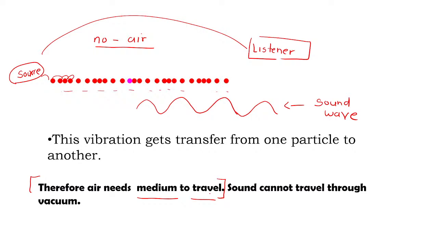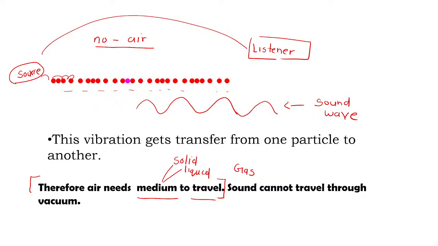So here air acts as a medium of traveling of sound. A medium can be of three types. One can be solid medium, other can be liquid medium, the third one can be a gas or air molecule, which can be a medium. So the medium of sound traveling can be three things: solid, liquid or gas.